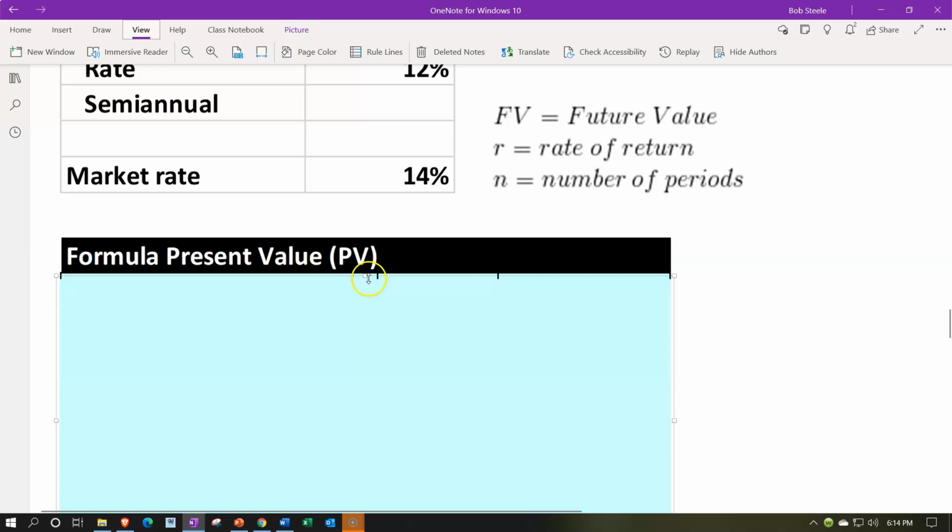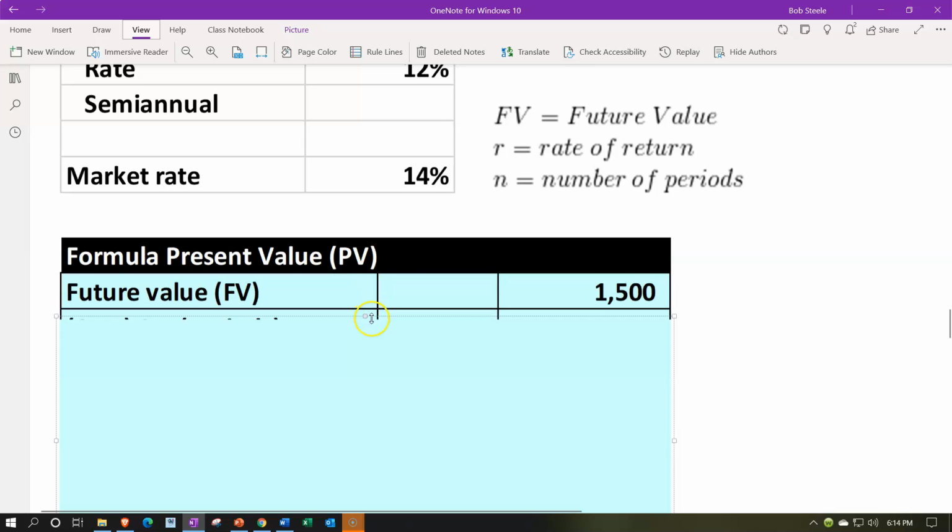Let's put that into our table and check it out. We have the 1,500. That's the numerator.